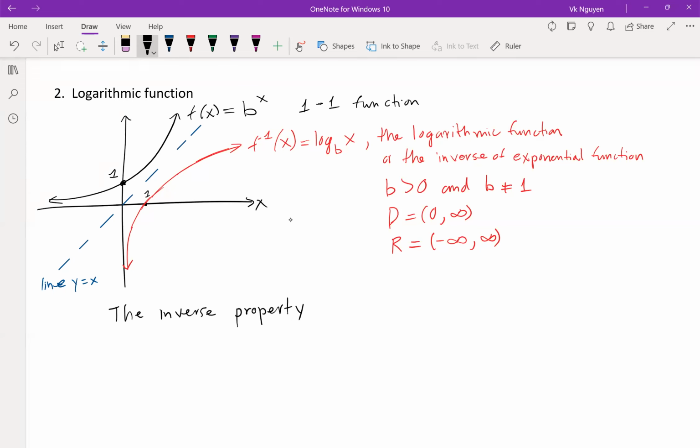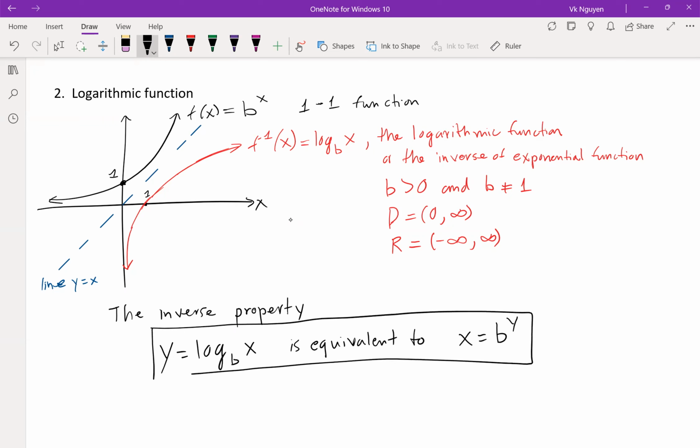What it says here is y equals log base b of x is equivalent to x equals b to the y. We're going to use the inverse property to define properties of logarithms in the next section.